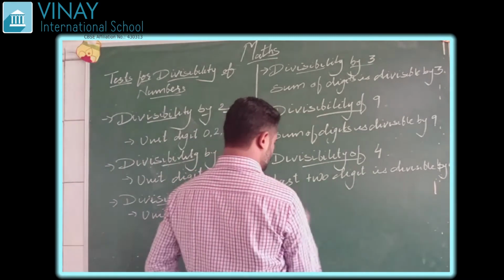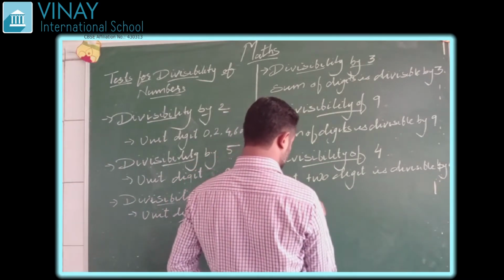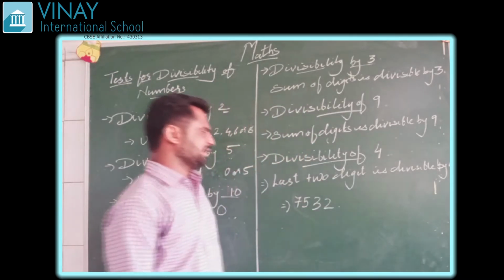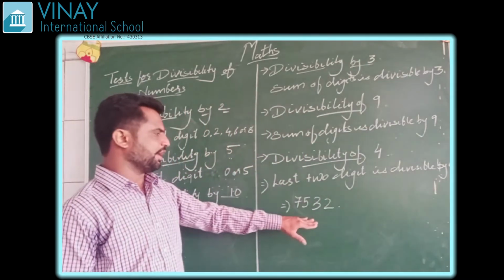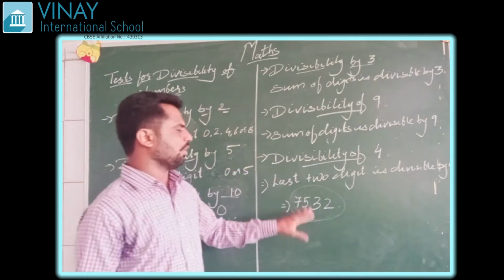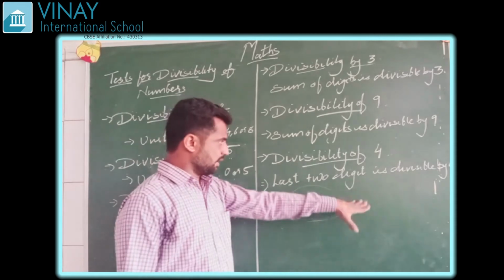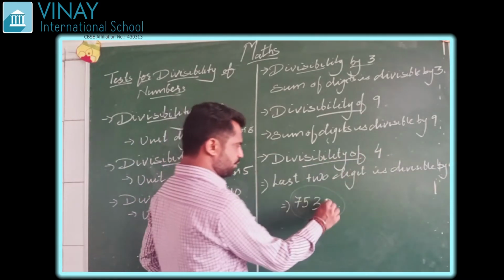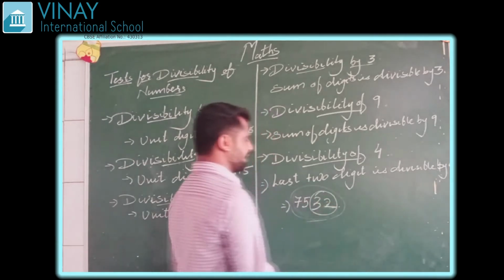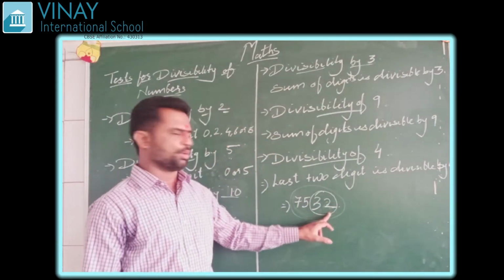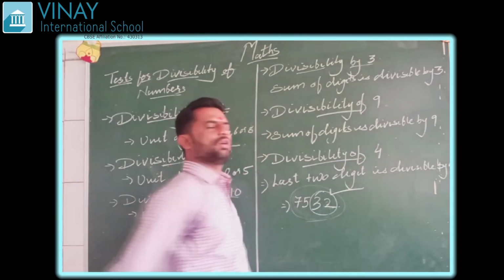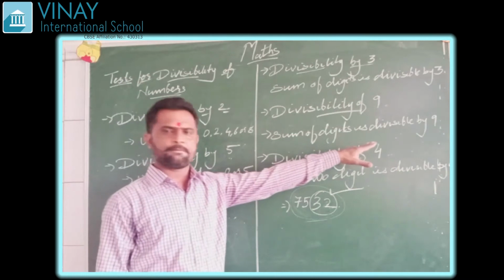For example, 7532. We don't need to divide this whole number by 4 and find out. We just need to see the last two digits. The last two digits here are 32, which is divisible by 4, and that's why this number is also divisible by 4.